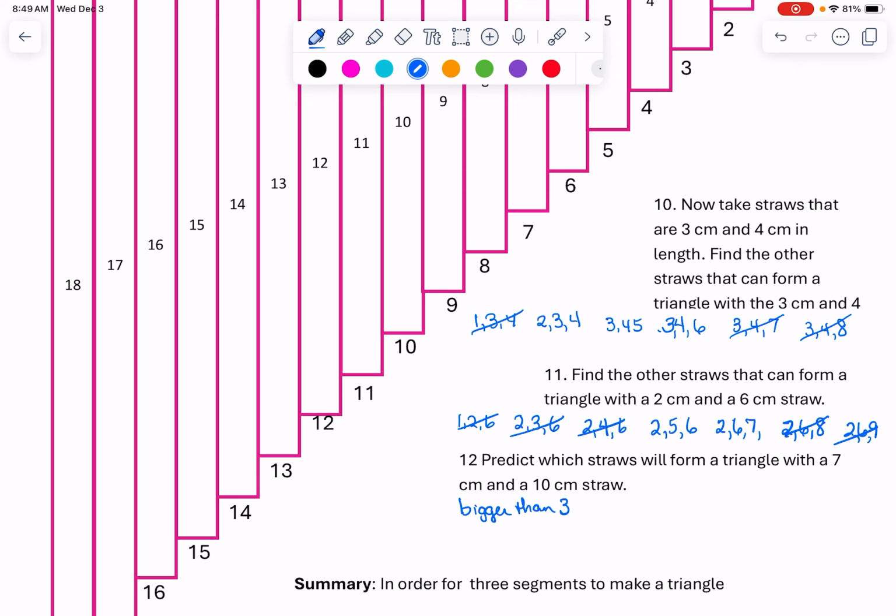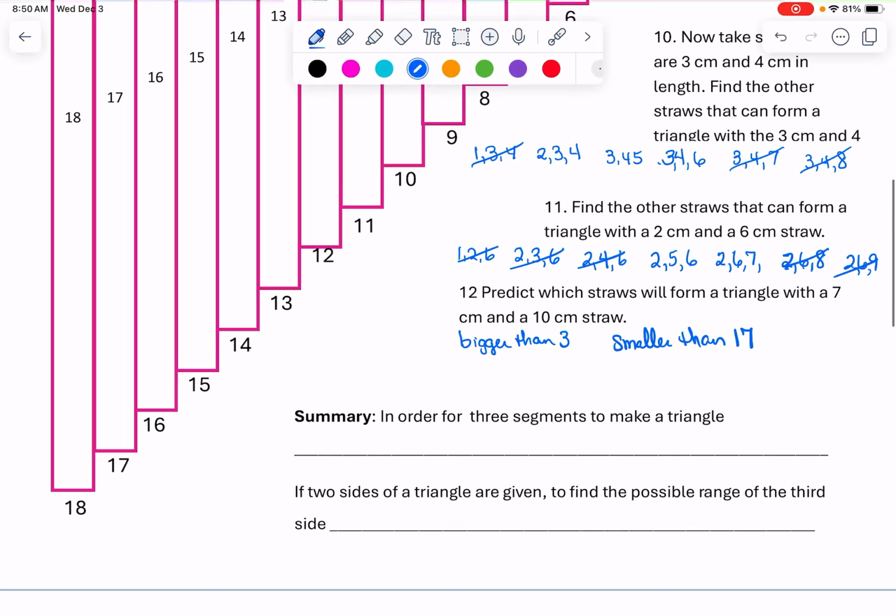And if we go the other end, we say what would be the biggest straw that these two could encompass. 10 plus 7 is 17, so 17 will fall flat, 18 won't work, 19 won't work, but it needs to be smaller than 17.